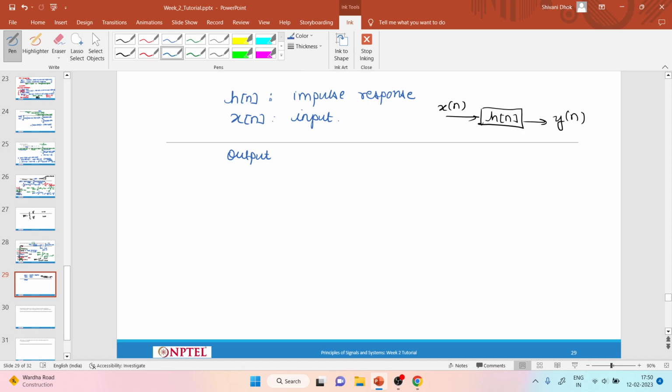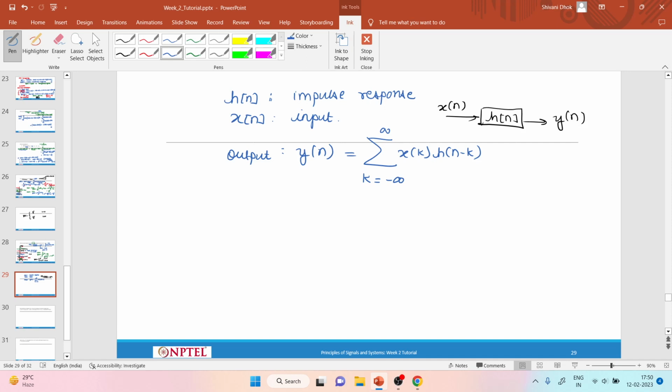So its output y of n is given as a summation with running variable k from minus infinity to infinity, x of k, h of n minus k.